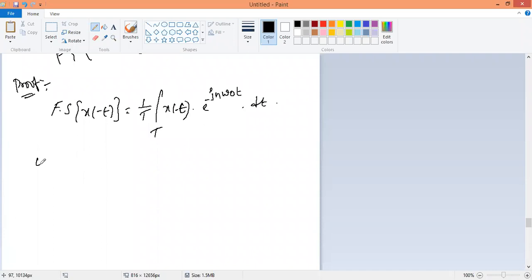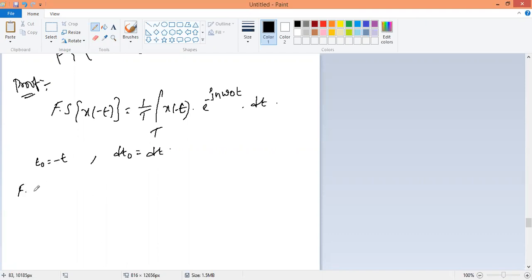Here let t naught equal minus t. Next, the derivation: now differentiation of t naught, dt naught equals minus dt.